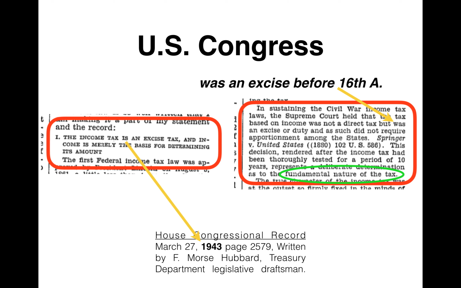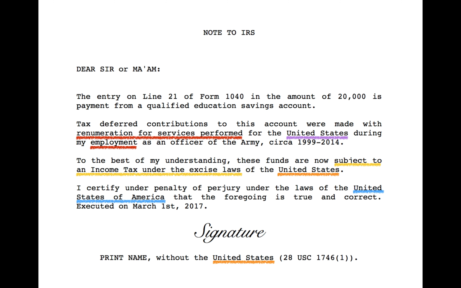And then after the 16th Amendment, the income tax is, notice the word is as opposed to was, an excise tax. And the word is refers to 1943. So before and after the 16th Amendment, the federal income tax is an excise tax. Okay, so there you go.